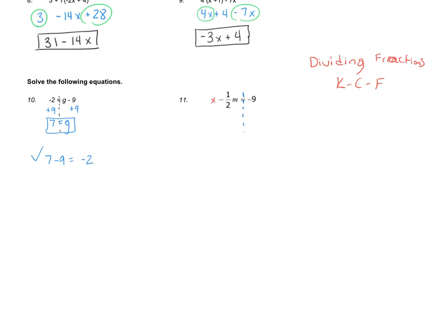So I'm just going to really multiply it by the reciprocal. If I multiply this side by the reciprocal, these are going to cancel out. Now, whatever I do to one side, I need to do to the other. So m is going to equal negative 18 over 1, which we know is negative 18. You can also check your answer.